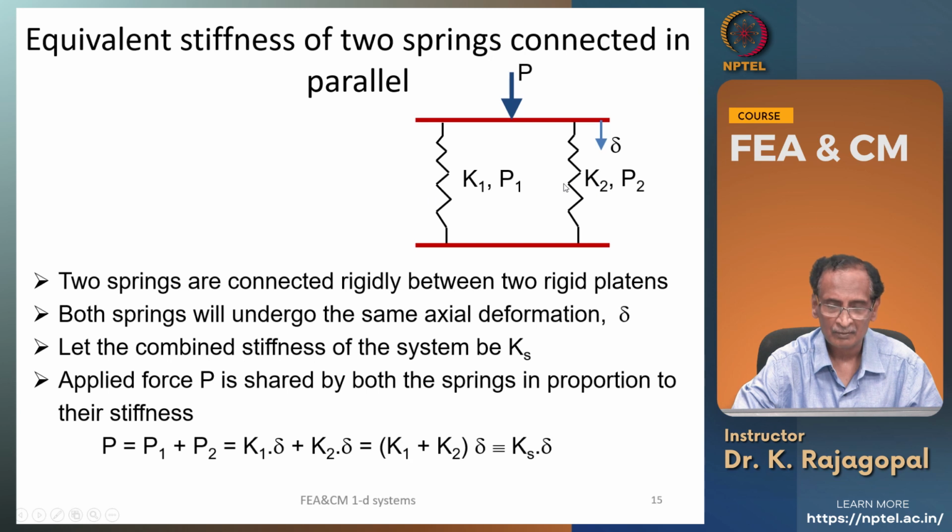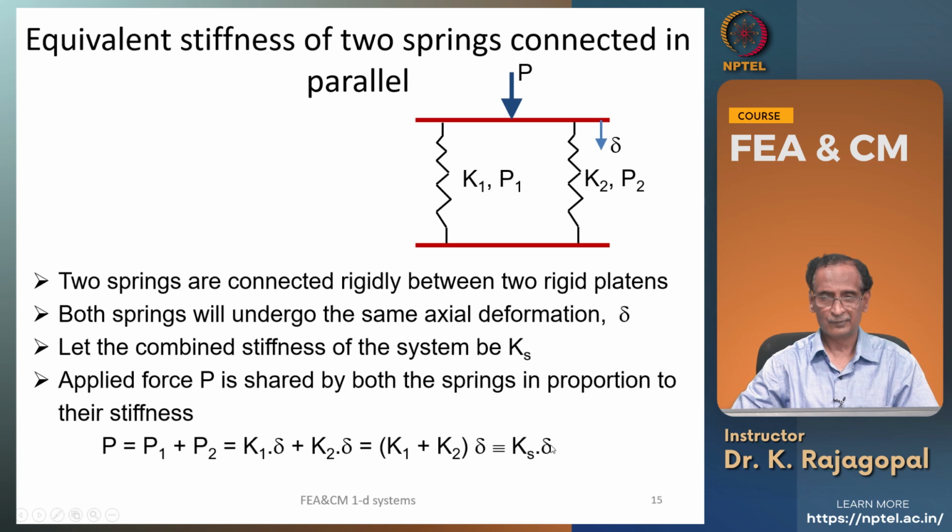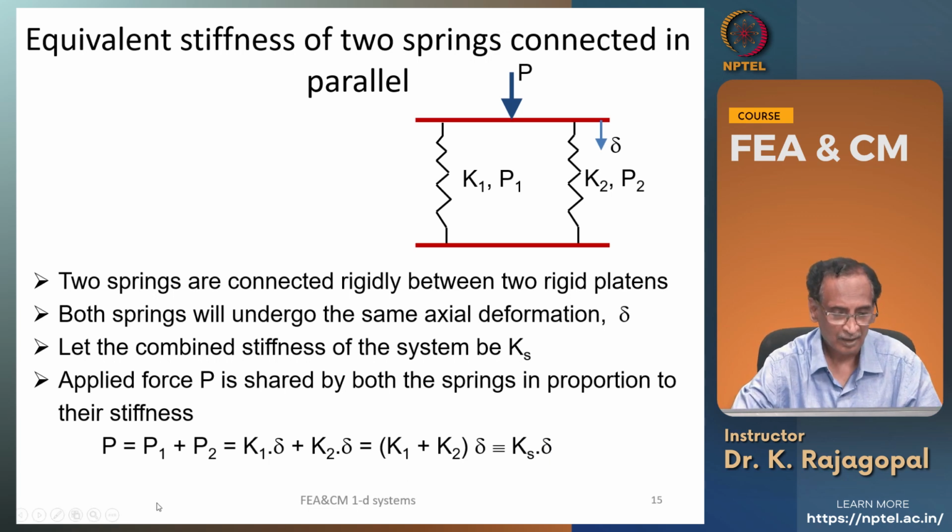And the total force P is P1 plus P2, that is K1 times delta plus K2 times delta. Let us say that our combined stiffness is Ks, and if you look at this, P is Ks times delta. Ks is the combined stiffness of the system, and P1, P2 are K1 delta and K2 delta.